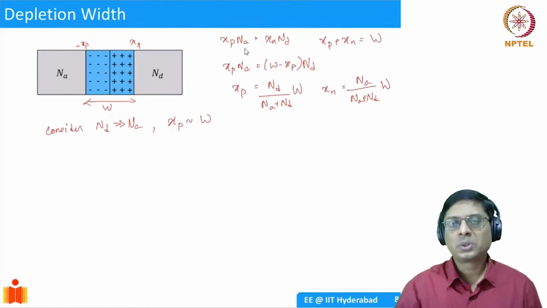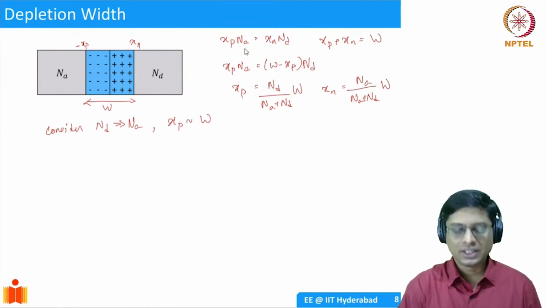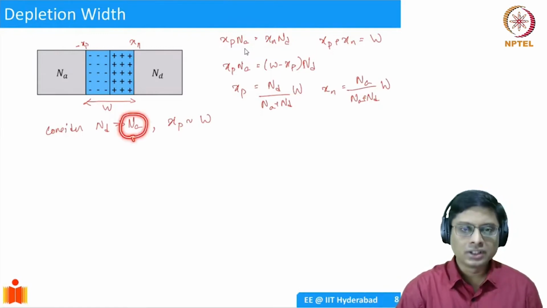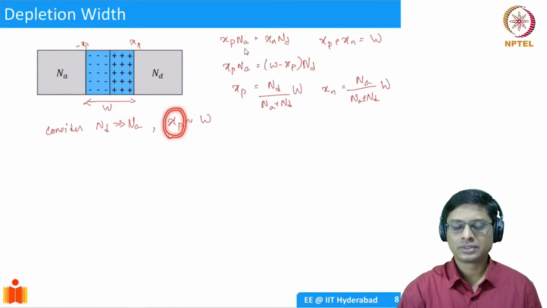So essentially what this is telling us is, if one of the doping concentrations is higher compared to the other, the depletion region will be entirely in the lower concentration region. In this case, Na is lower, so the depletion region is going to be entirely in the p-type region.